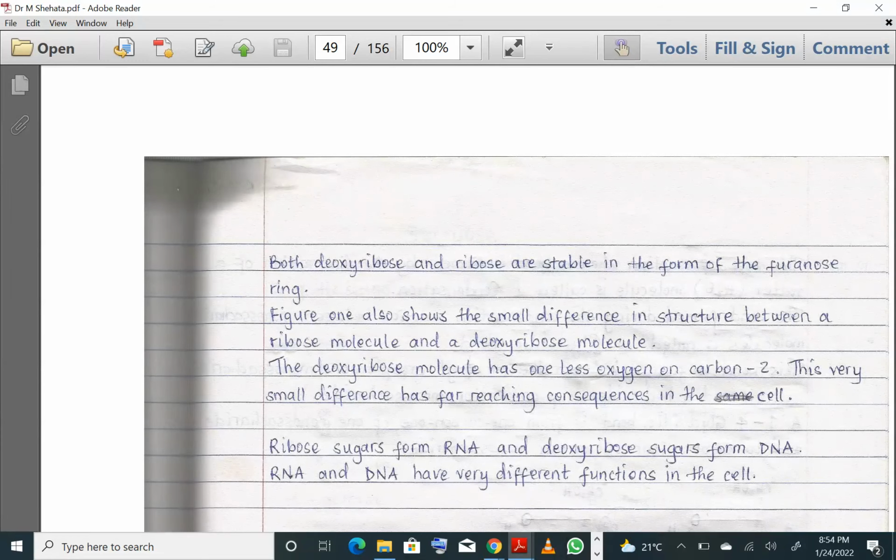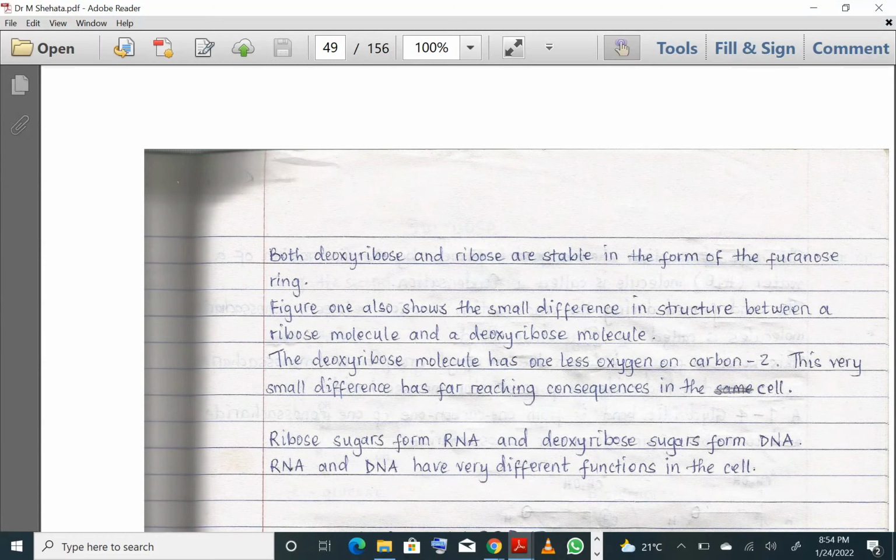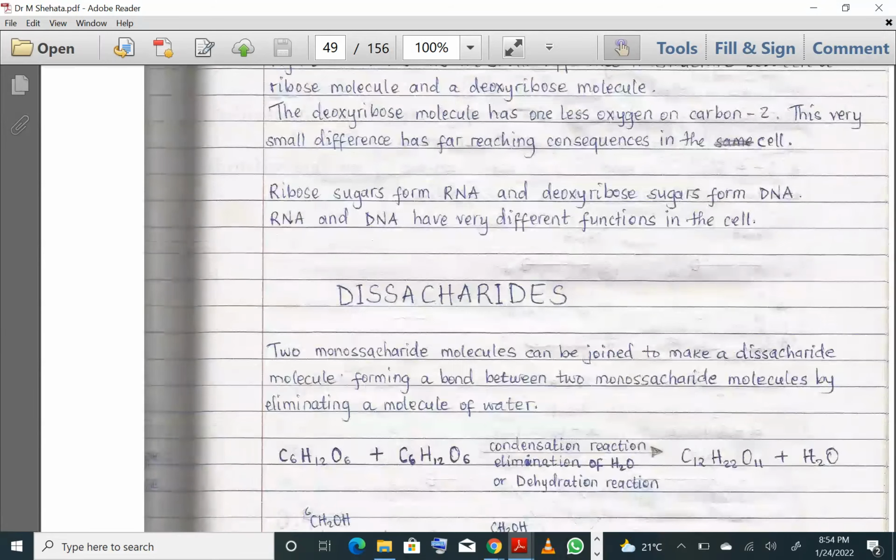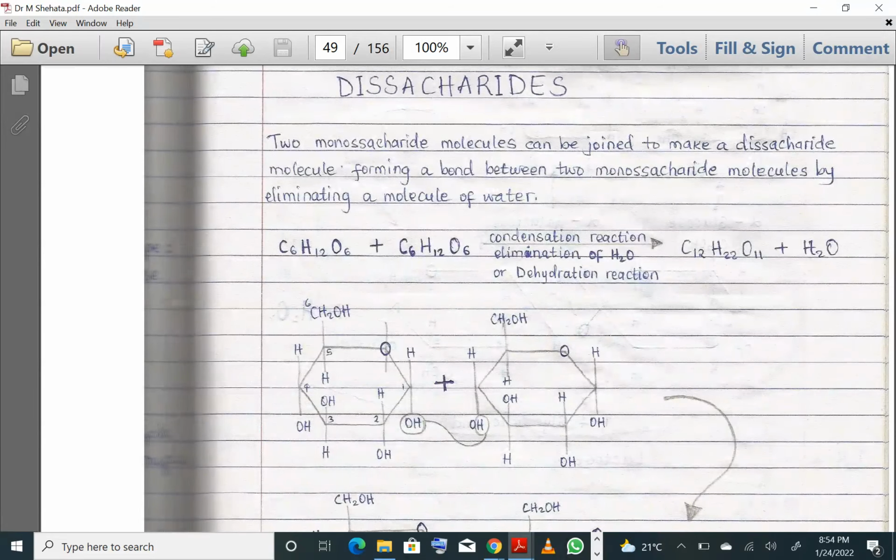And ribose sugars form RNA, whereas deoxyribose sugars form DNA. RNA and DNA have very different functions in the cell. So you see that just that small difference at carbon 2 means that deoxyribose sugar is the one in DNA and ribose sugar is the one in RNA.